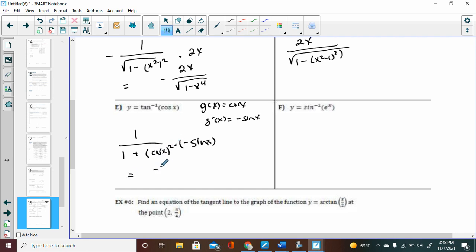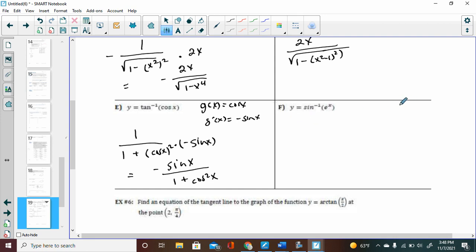Simplify, that's going to give me negative sine x over 1 plus cosine squared x. Okay?